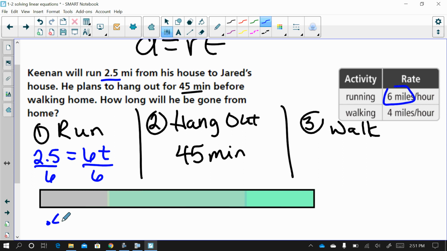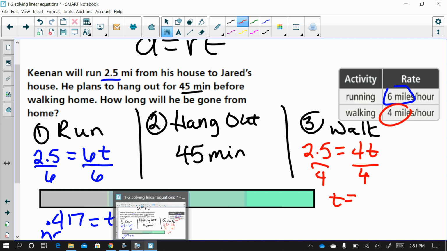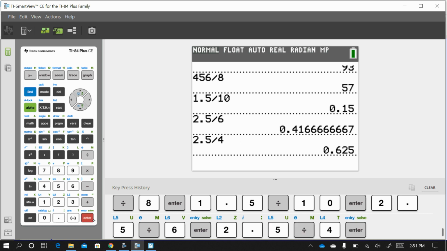So 0.417 is what t is. We know that's in hours. Okay, let's talk about walking. Again, D equals RT. Distance doesn't change. It's still that 2.5. This time I'm going 4 miles an hour, and I don't know how long it'll take. Divide by 4. T equals 0.625.